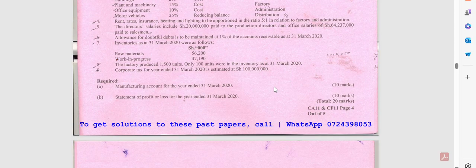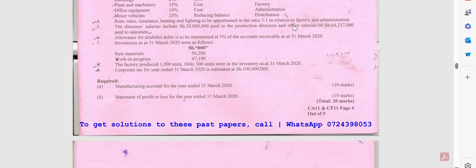The beginning of the year was 3,000. We are going to calculate at the end of the year, meaning we can get in between what we call allowance for doubtful debt for the year, and that will be recorded in the income statement, either as an expense if it was an increase, or as an income if it is a decrease.